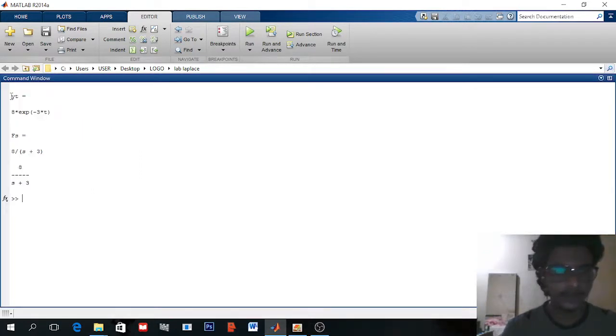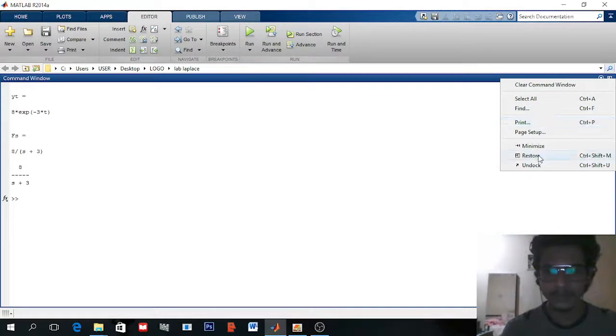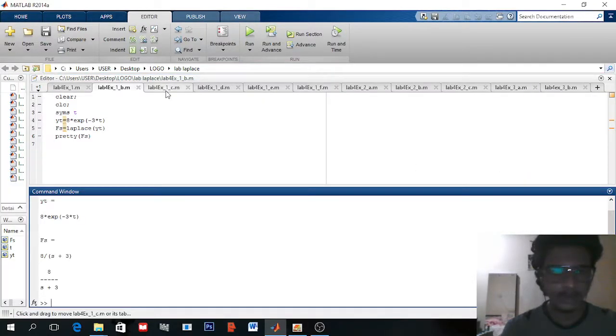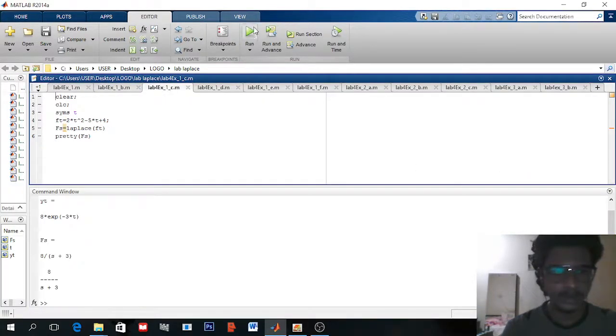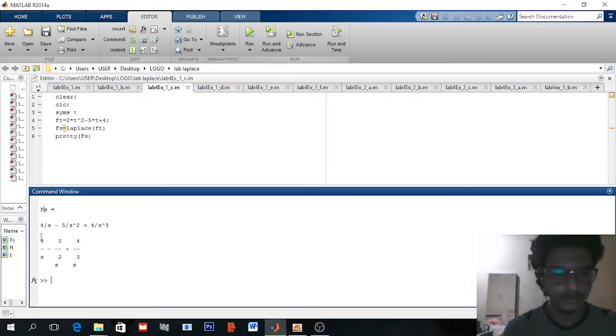This stands for 1B. And this is the answer for 1C. Same as the others. Same as A, B, clear CLC, define T, the function, Laplace FT, pretty F. So this is the answer here.